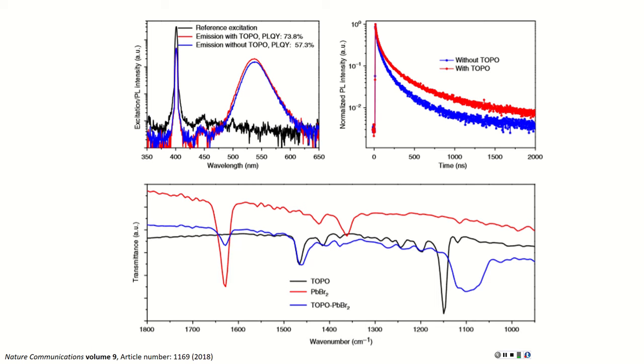This is around the range that it vibrates at. They conclude that the TOPO had a successful binding to the perovskite structure due to this broad peak that we see here. As you can see, in the undoped or clean version there was no peak visible there, but in the doped version there was. So you can conclude that there was a successful ligand binding between the two.